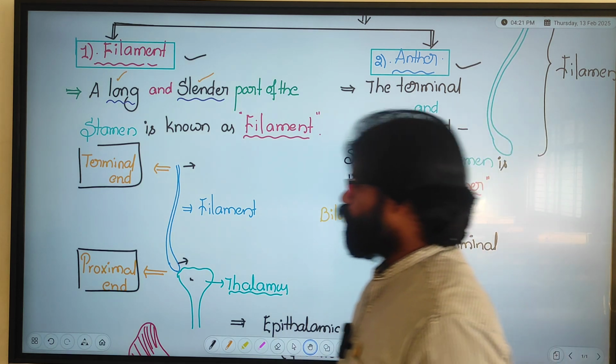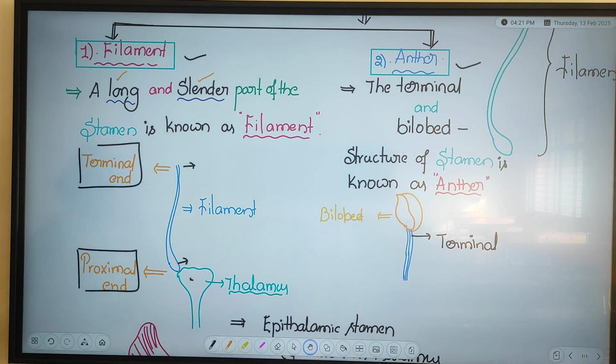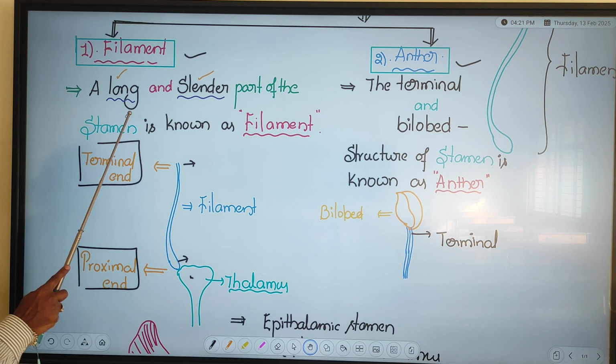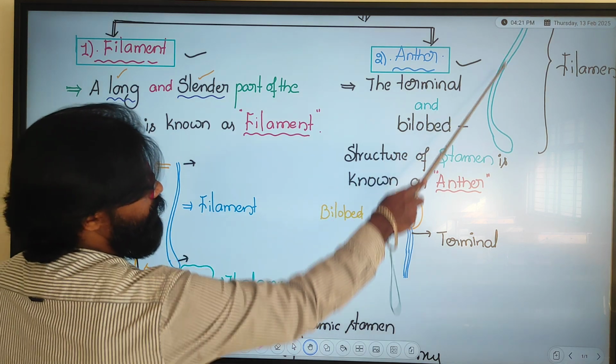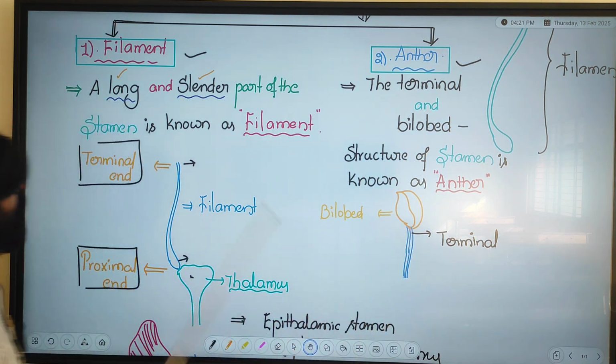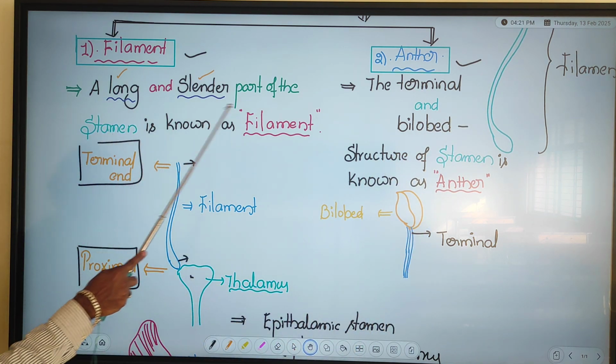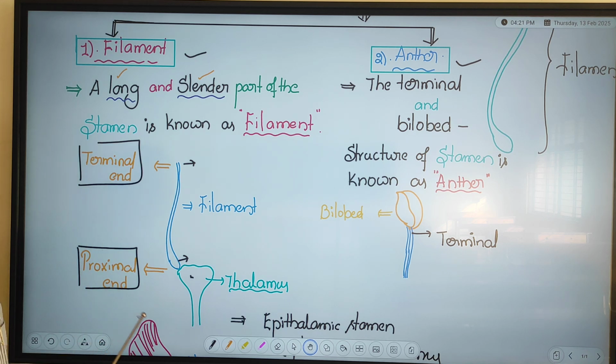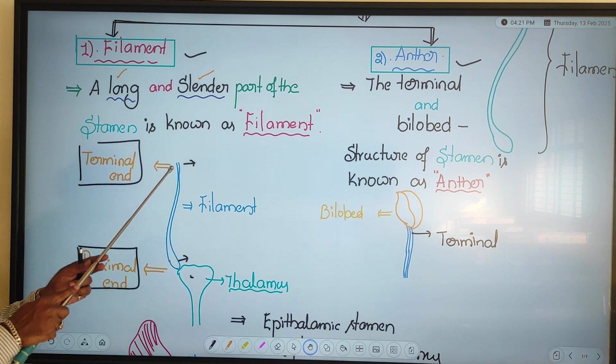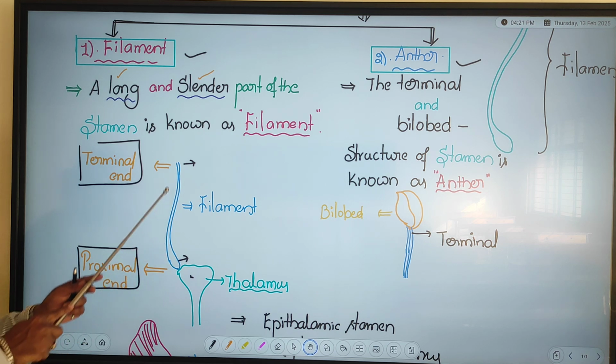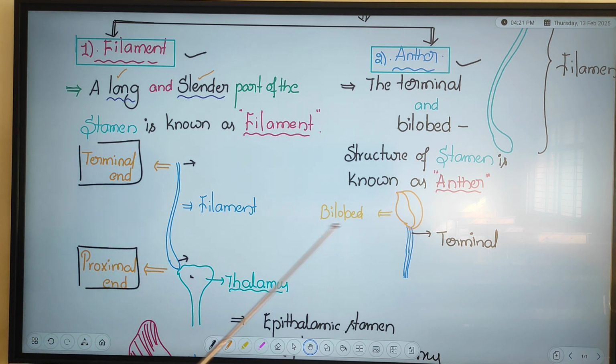Now we need to discuss a few points regarding the filament, and a few points regarding the anther. What do you mean by filament? A long and slender part of the stamen is known as the filament. Here the blue color is the long and slender part of the stamen.